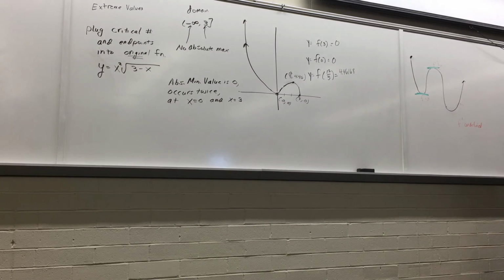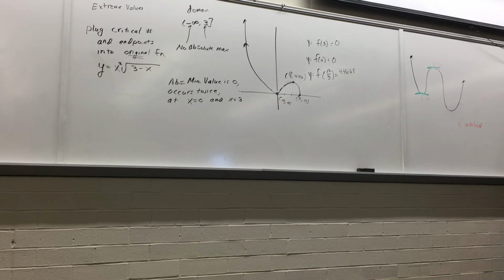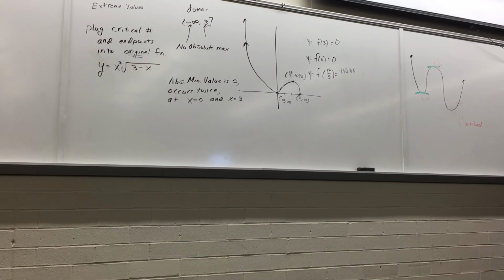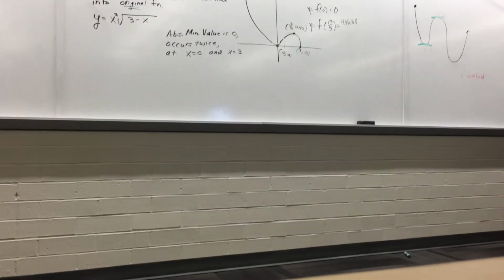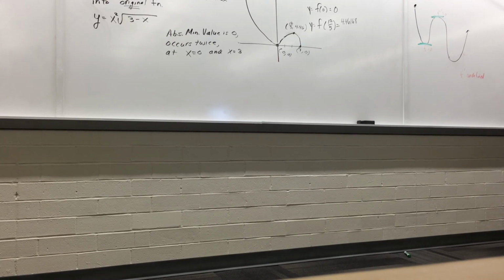This one did have much messier algebra involved, but the steps stay the same for all these problems. Any questions with the steps? I might just have you work them now.